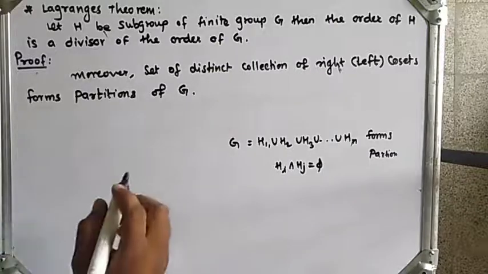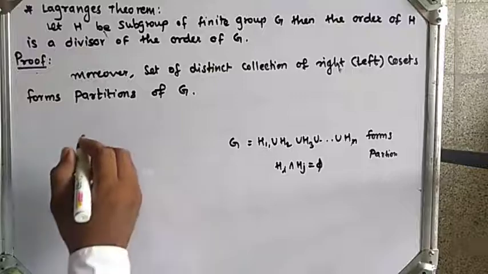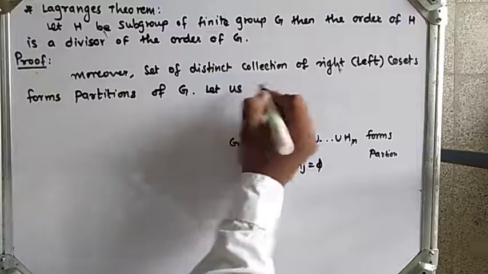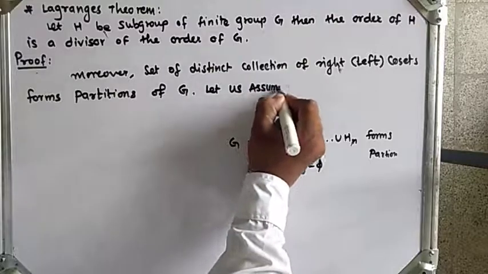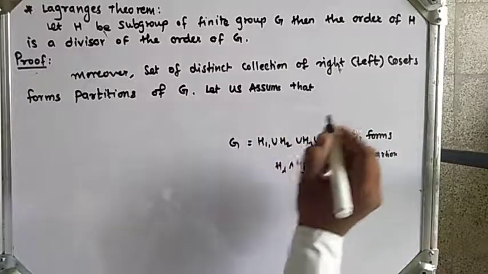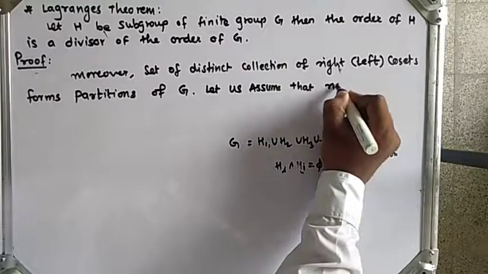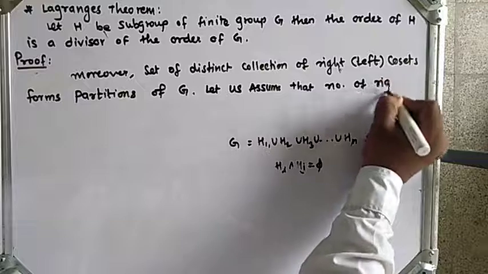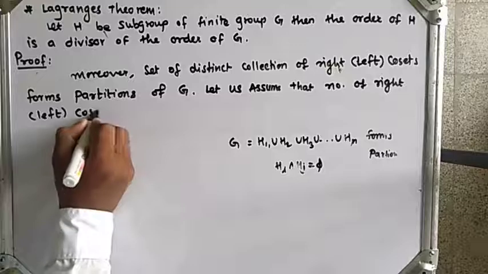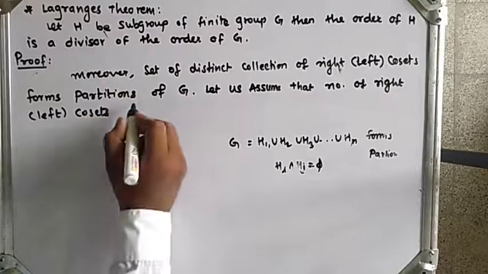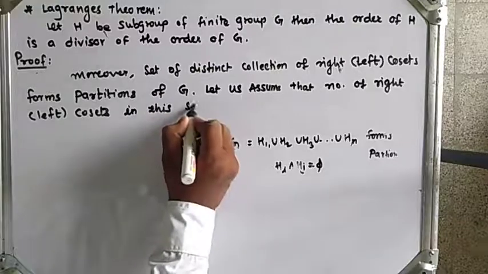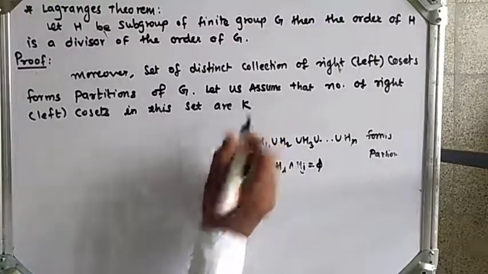Let us assume that the number of right or left cosets in this set is k.